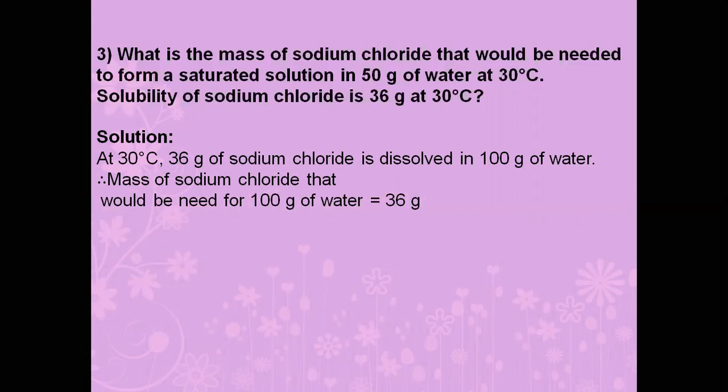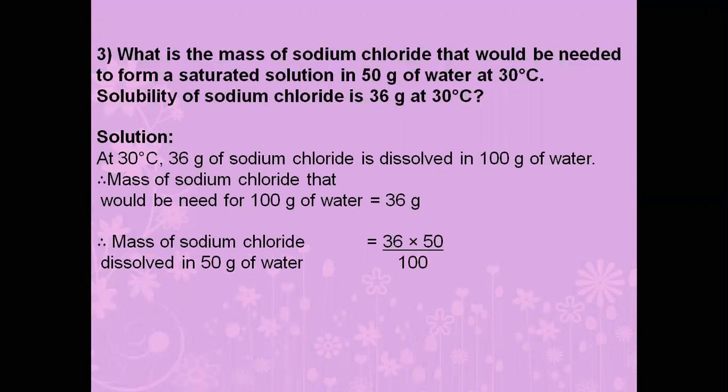So mass of the sodium chloride dissolved in 50 gram of water equal to 36 into 50 divided by 100, that is 18 gram. Actually the formula is solubility of the solute, that is 36, on the left side.